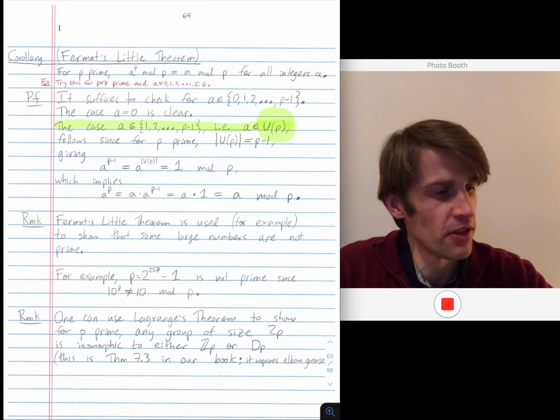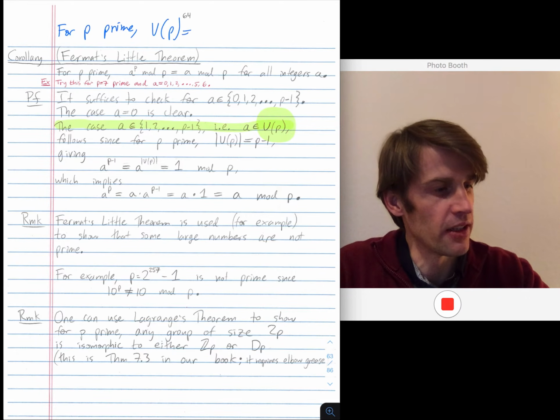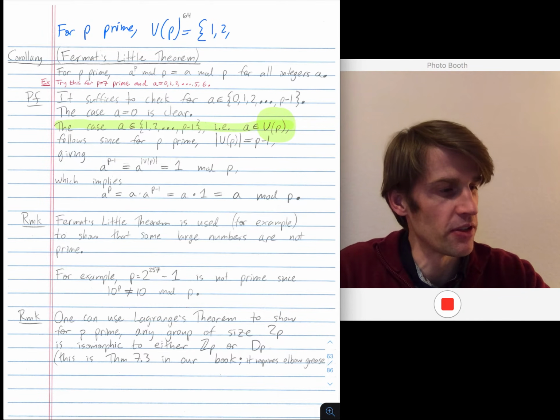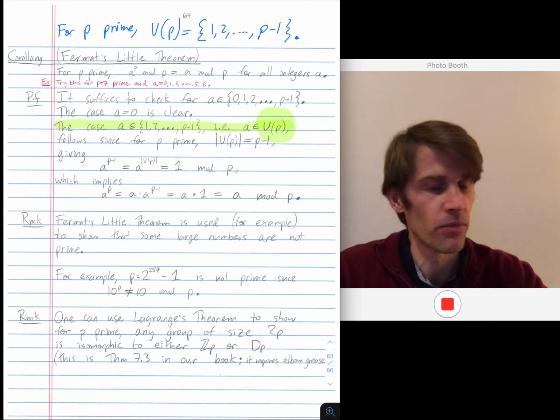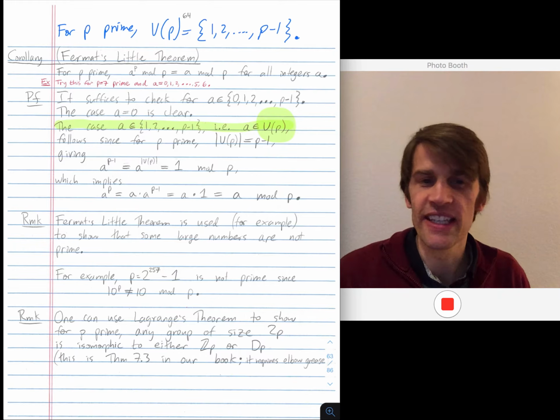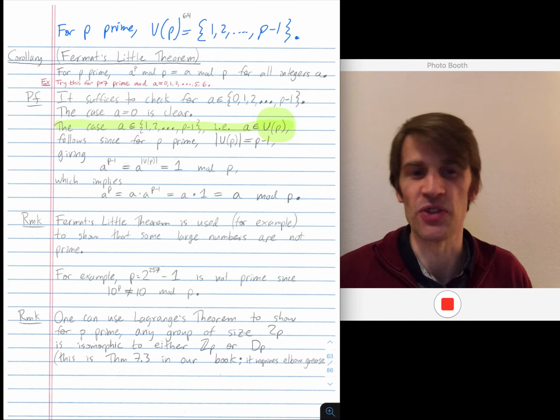In symbols, for P prime, the group of units mod P as a set is all numbers up to P minus 1. Not only is U of P a set, it's also a group equipped with multiplication mod P.